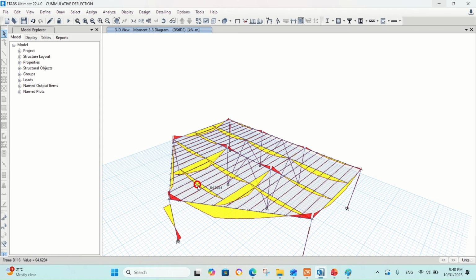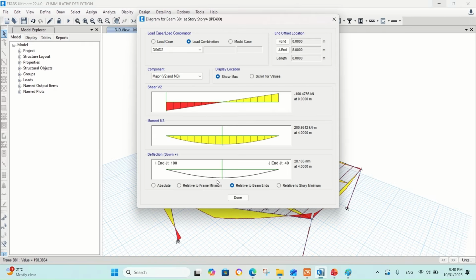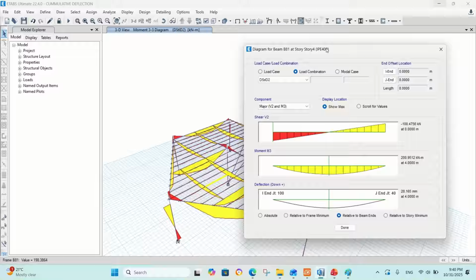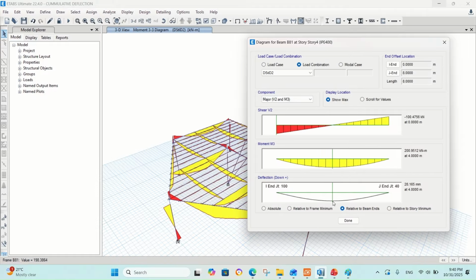Let us show this beam, for example, the secondary beam here, which is connected between these two beams, which in their turn are connected or supported by these two girders, which are supported by one column at one end and this huge girder at the other end. So this beam, relative to its end, is deflecting 28 millimeters.